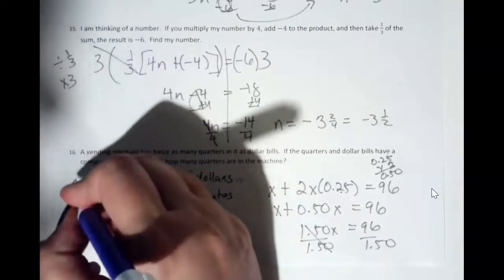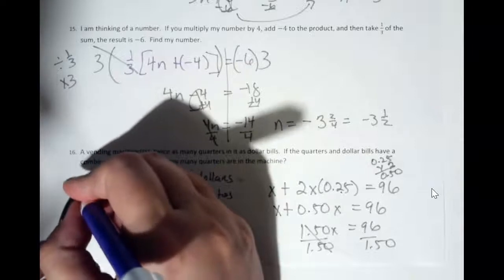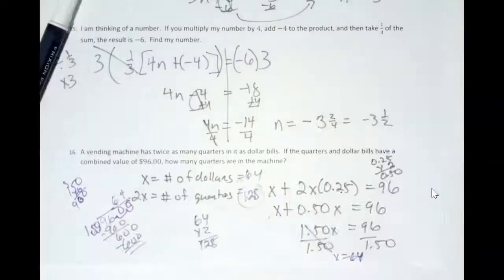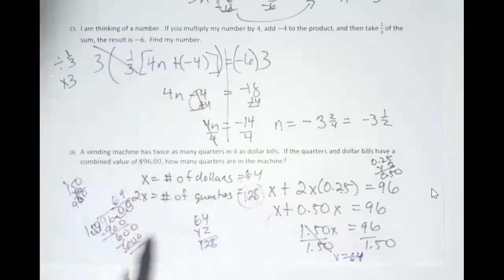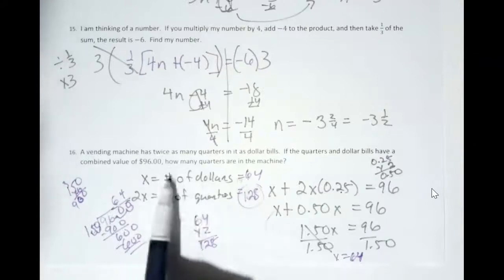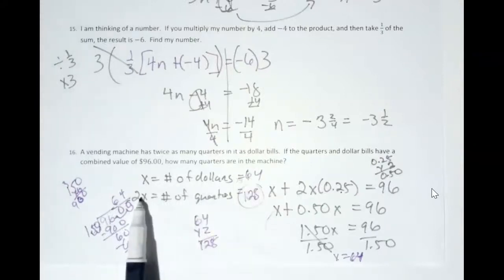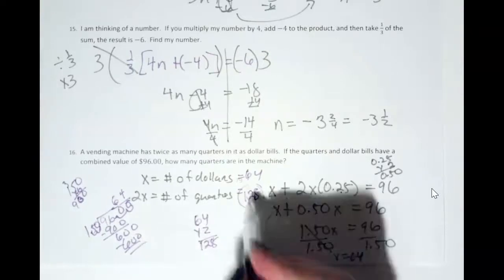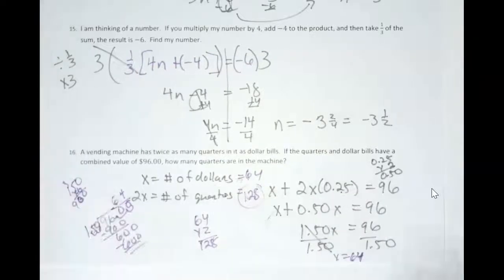Let's do 150 times 6. 0, 0, 3. That's 900. So I finished that out. 64, which is the number of dollars. There's 2 times the number of quarters. So 64 times 2 is 128. There were 128 quarters in the machine.